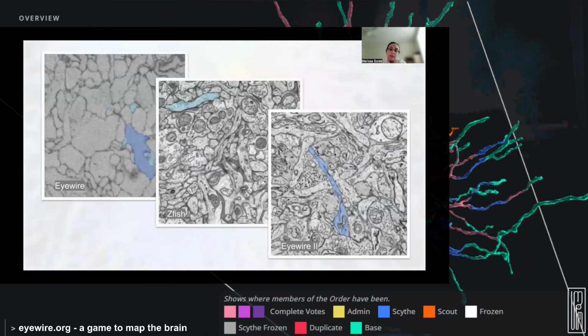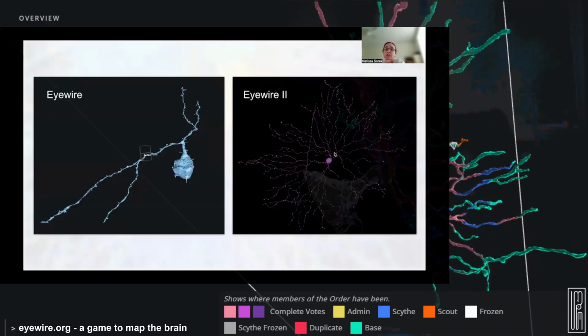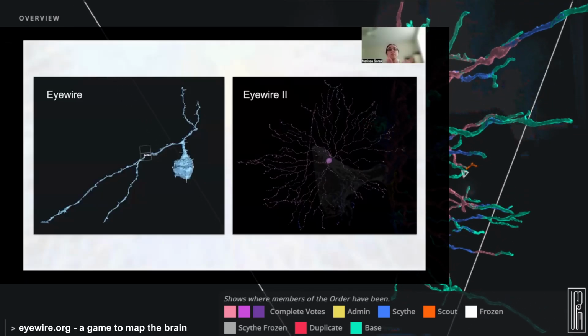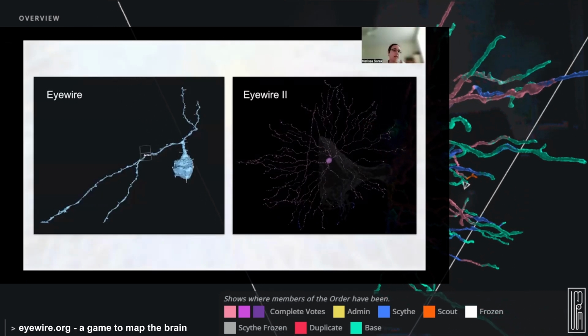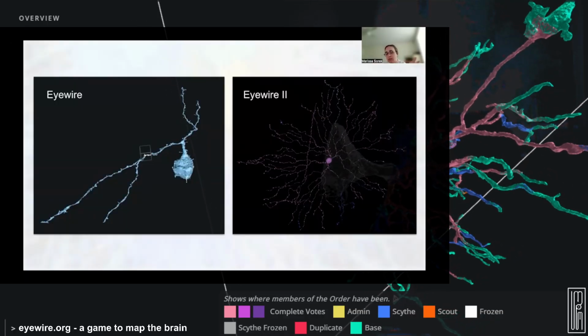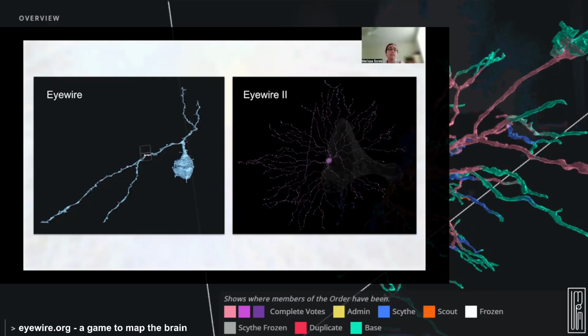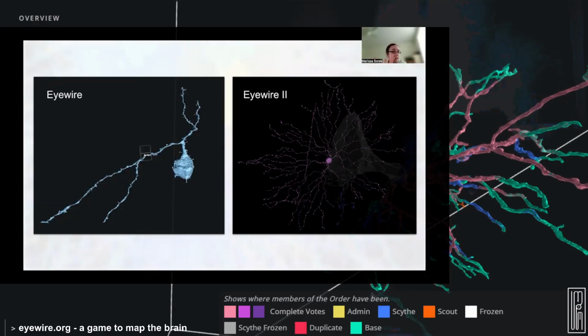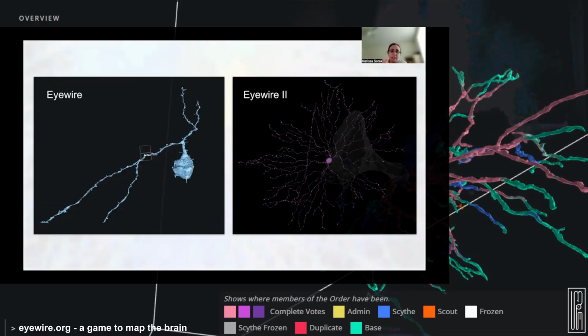If I may, we find that for EyeWire 2, the difference between the two is that the AI and the ability for all these things to be done, the technology for handling it, and the vast amount of data has improved greatly since, at this point, 15 years ago when EyeWire 1 was done.